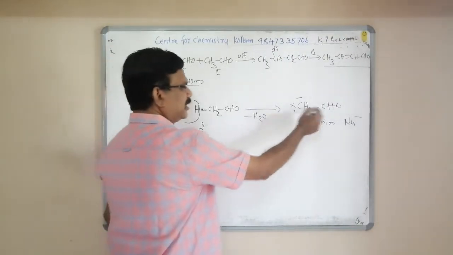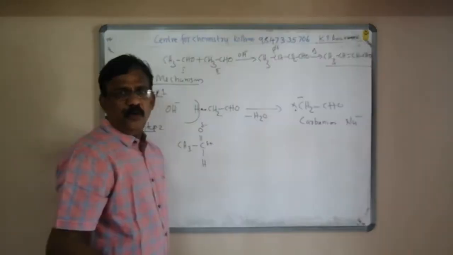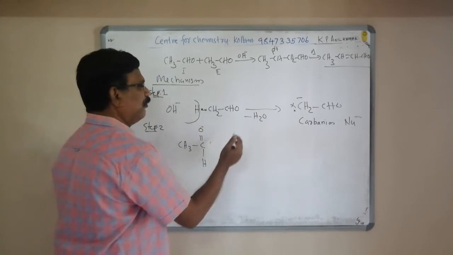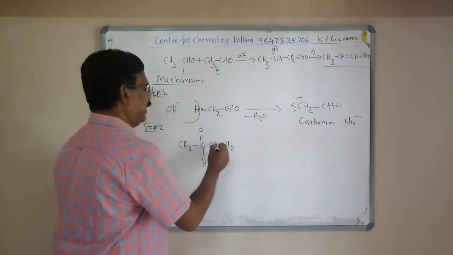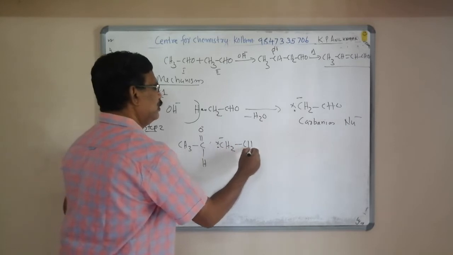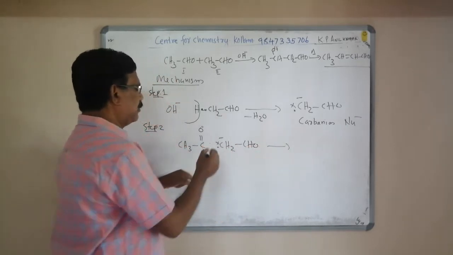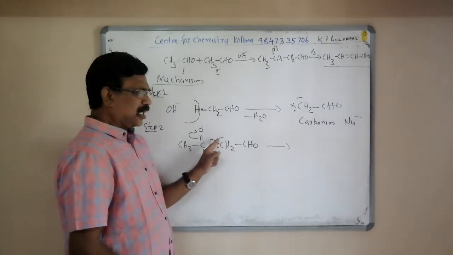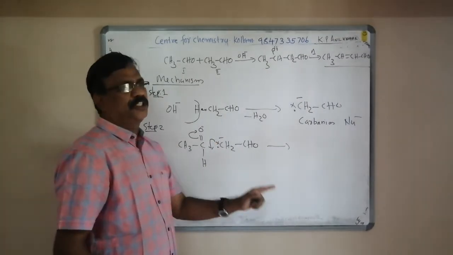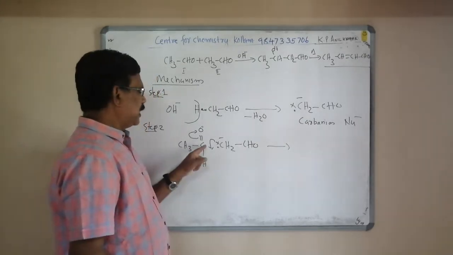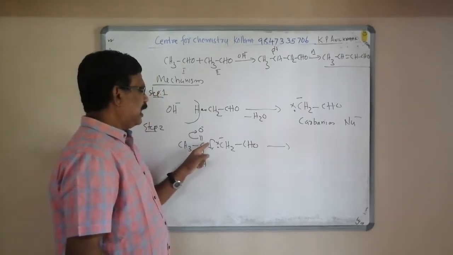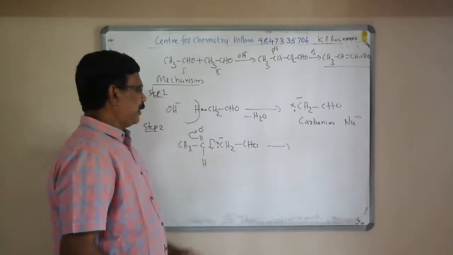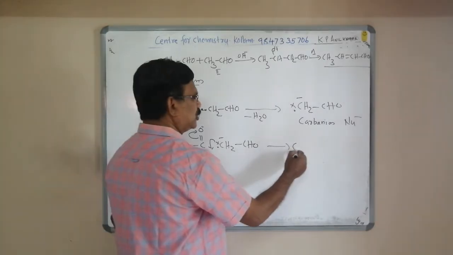So this negatively charged species, the carbanion or nucleophile, attacks this carbon. So the attack of the nucleophile, that is CH2 minus CHO, will attack this carbonyl carbon, and a covalent bond shifts, the electromeric effect. In the presence of a charged reagent, the pi bond shifts towards the more electronegative atom, and this carbon gets a positive charge and this oxygen a negative charge. A bond forms using this pair of electrons, and thereby an anion is produced.